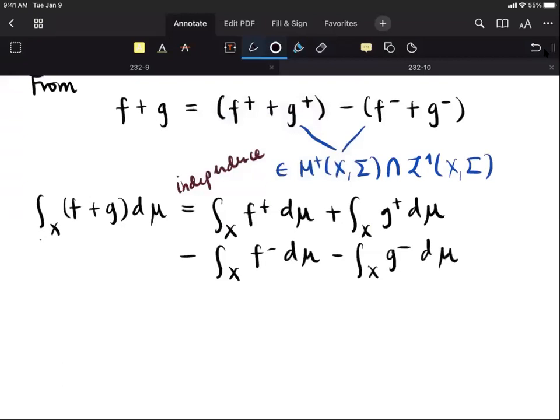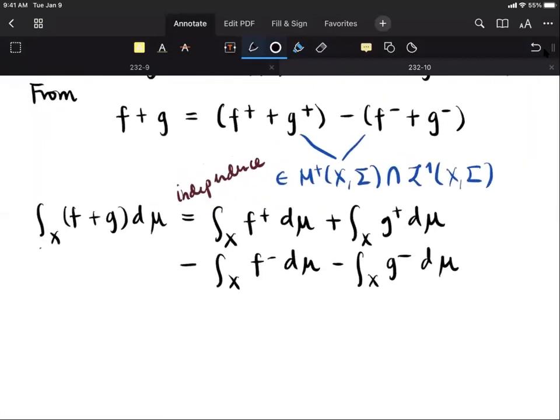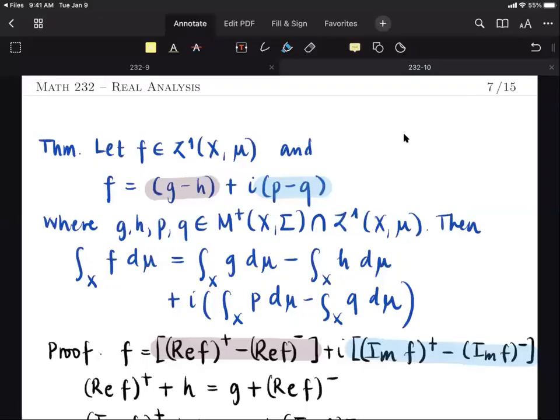Here, let us go back to the previous theorem. So here we applied this theorem where g is the sum of the positive parts and h is the sum of the negative parts.